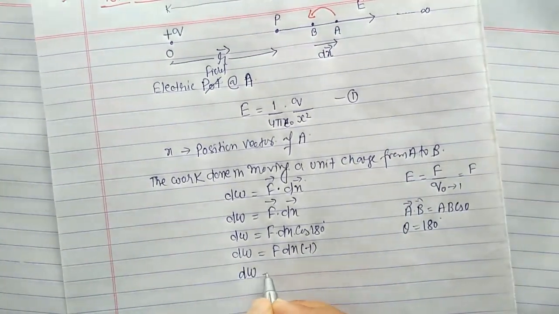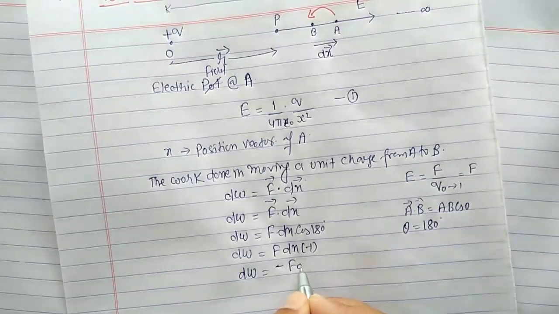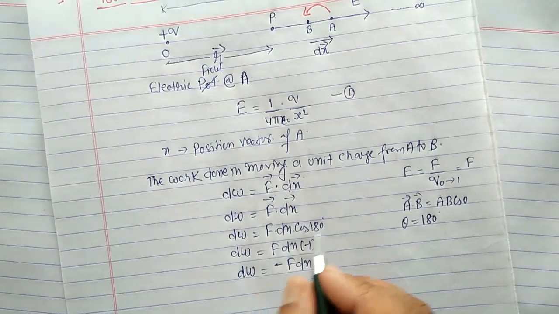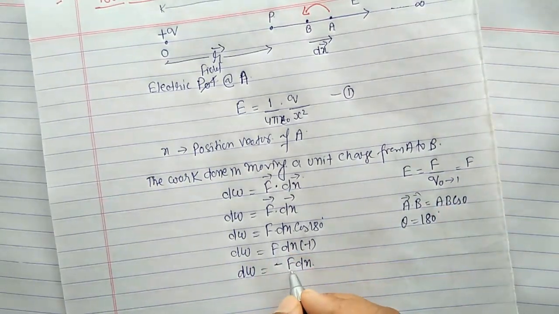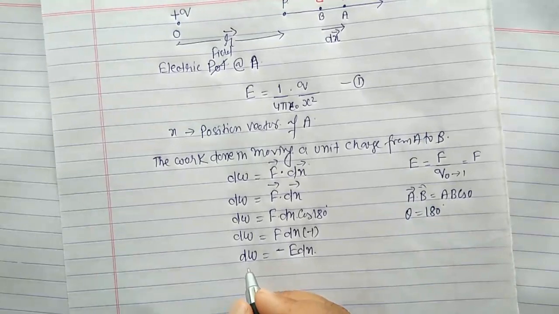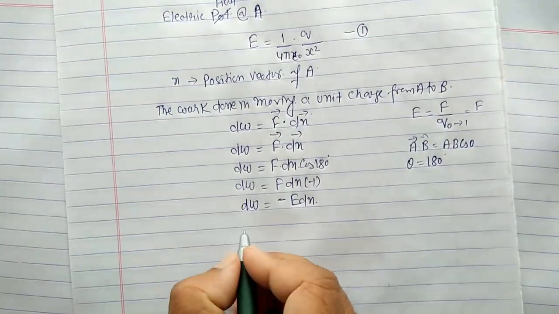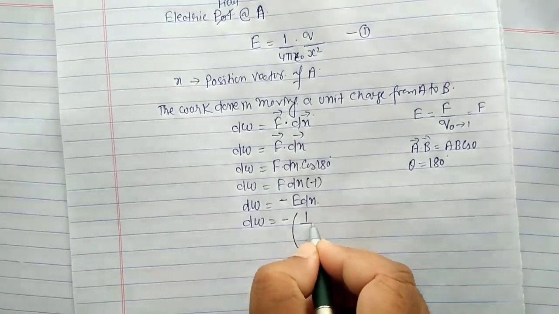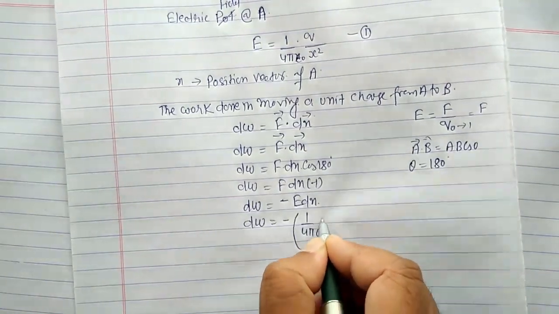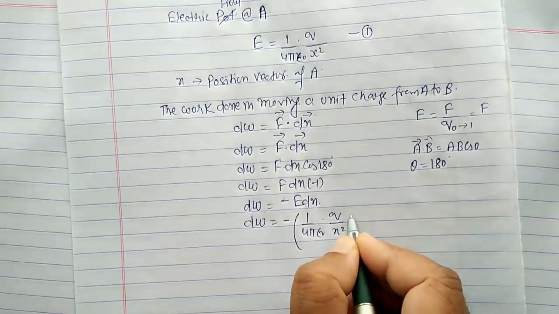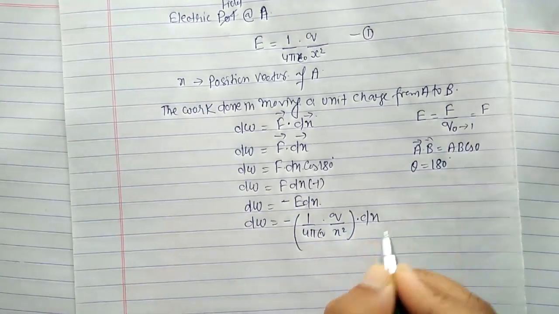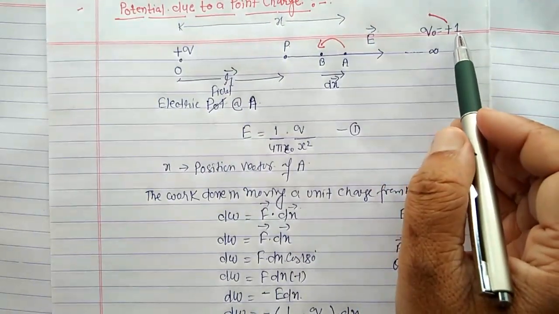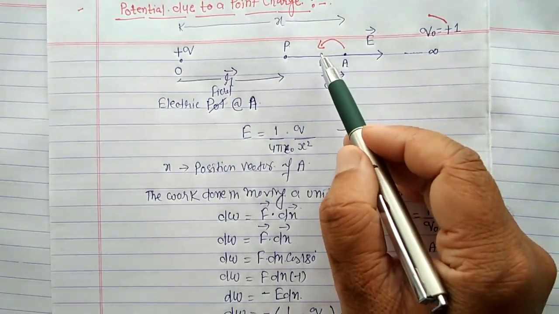The work done will be simply F dx, and this F can be replaced by the electric field E. So simply dW is equal to E dx. So dW is equal to E, and E is equal to 1 upon 4 pi epsilon naught q by x square, with respect to dx. So this amount of work has to be done in bringing this positive charge from A to B.